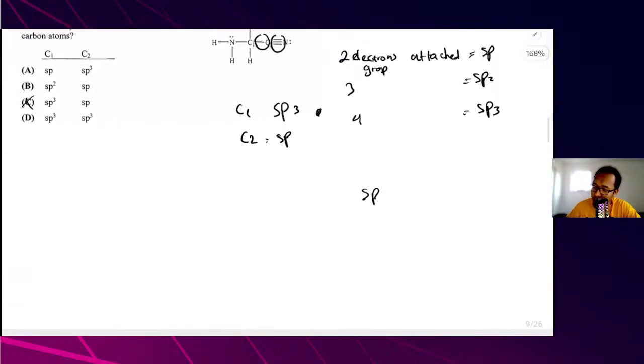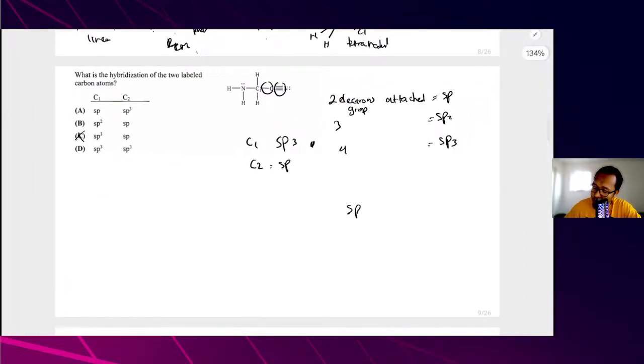We just need to remember: two electron groups will be sp, three electron groups will be sp2, four electron groups will be sp3, whether they are atoms or lone pairs. You need to count the atoms as well as the lone pairs. A single bond is always one sigma bond.